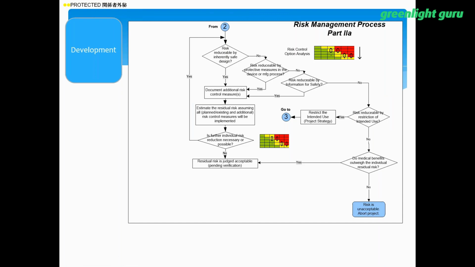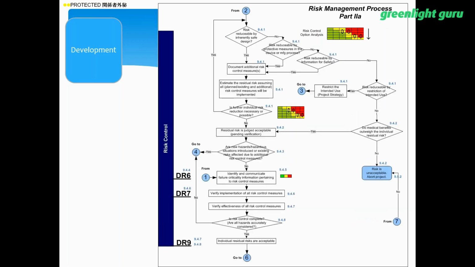Okay, so I just pulled one of the charts up, and really that was one of my company's interpretations as we worked our way through 14971. What it did was provide us a roadmap of how to do that.